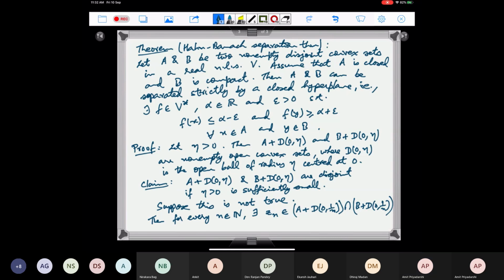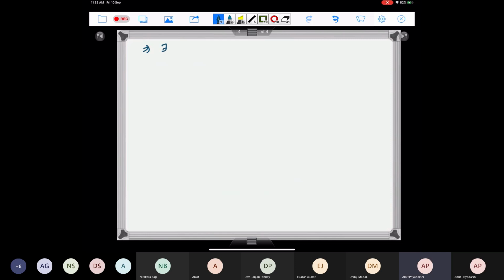So what does this mean? If Zn belongs to A plus D0 1 by n intersection B plus D0 1 by n, this implies there exists xn in A and yn in B such that Zn minus xn belongs to D0 1 by n and Zn minus yn belongs to D0 1 by n.